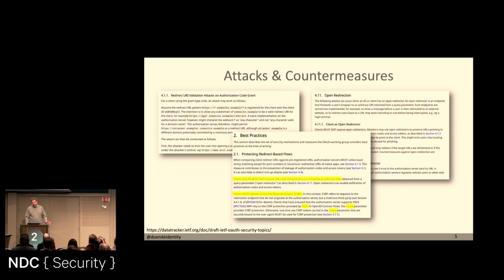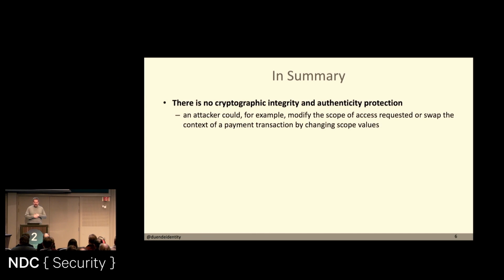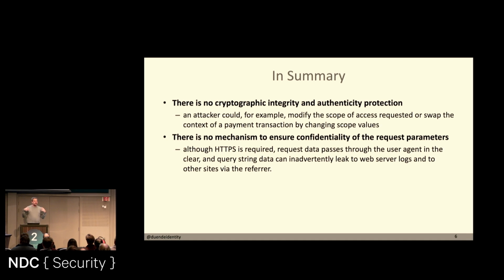And, to summarize, there is no integrity on the authorize request, right? Just as I said, you can arbitrarily change the data. The authorization server wouldn't know. They wouldn't know that this combination of parameters is coming from a legitimate client, or whether you just handcrafted a URL, okay? There is no confidentiality on these requests either, right?